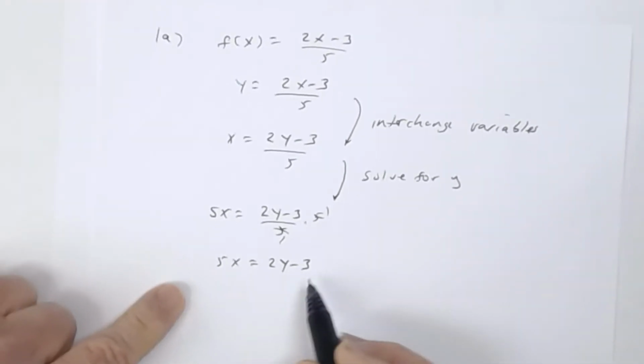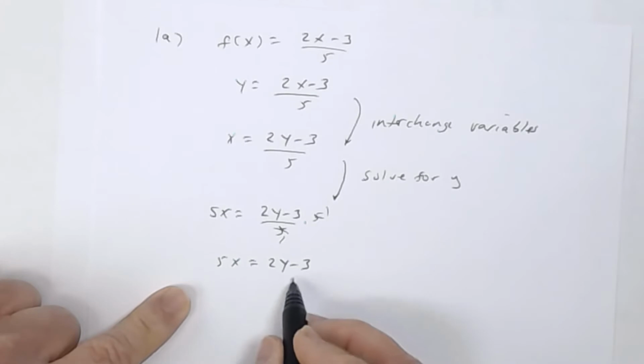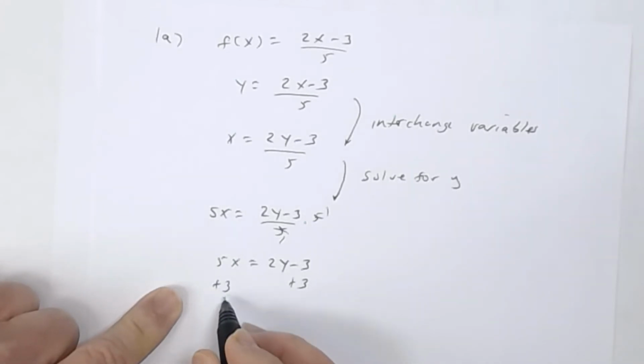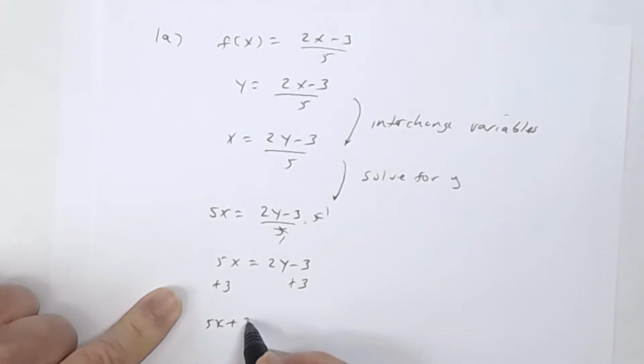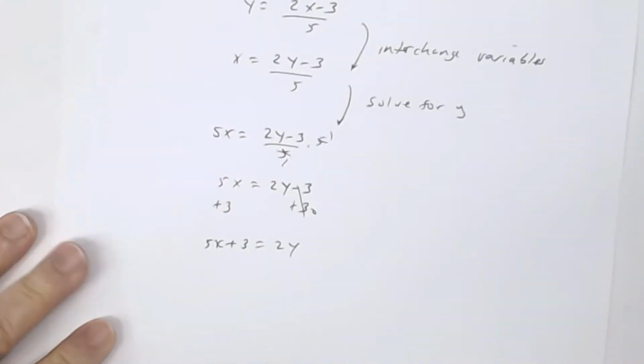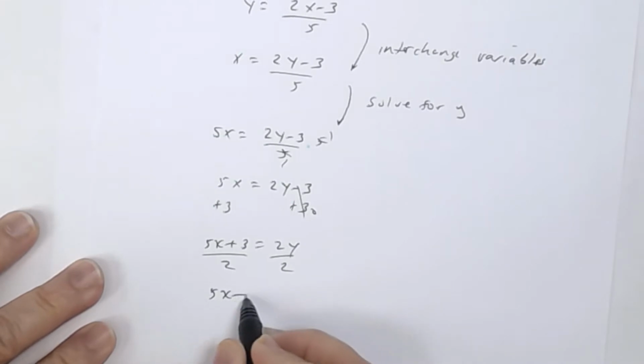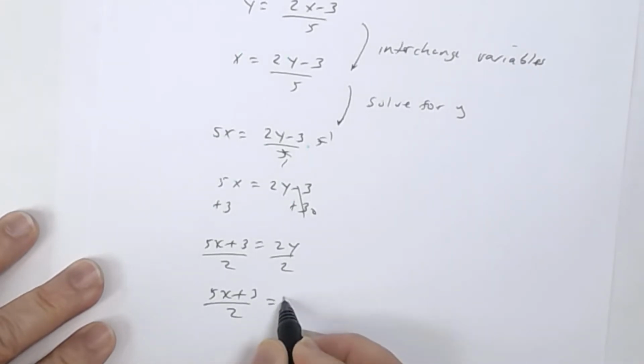All right, the next step, remember, is trying to get y by itself. So the next step is to add 3 to both sides. So I get 5x plus 3, not 8x, because that's not a 3x, that's 3. So 5x plus 3 is equal to 2y, and then finally divide by 2, and there's your answer. So I get (5x plus 3) divided by 2 equals y.